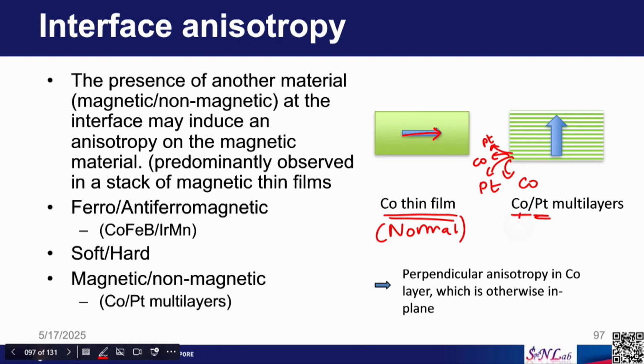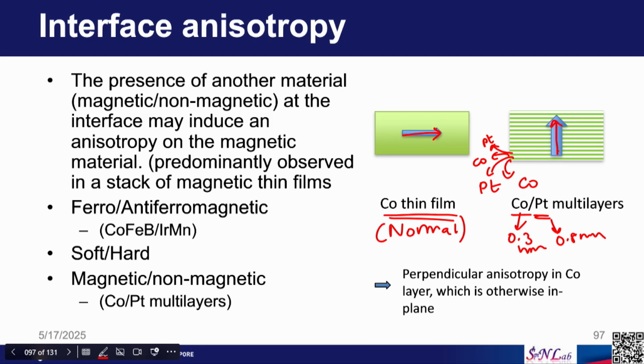For example, let us say this cobalt is only like 0.3, 0.4 nanometer, and this platinum is like say 0.8 nanometer or so. When you deposit very thin layers of cobalt and platinum, stacking one on top of another, people have found out that this film can have perpendicular anisotropy.